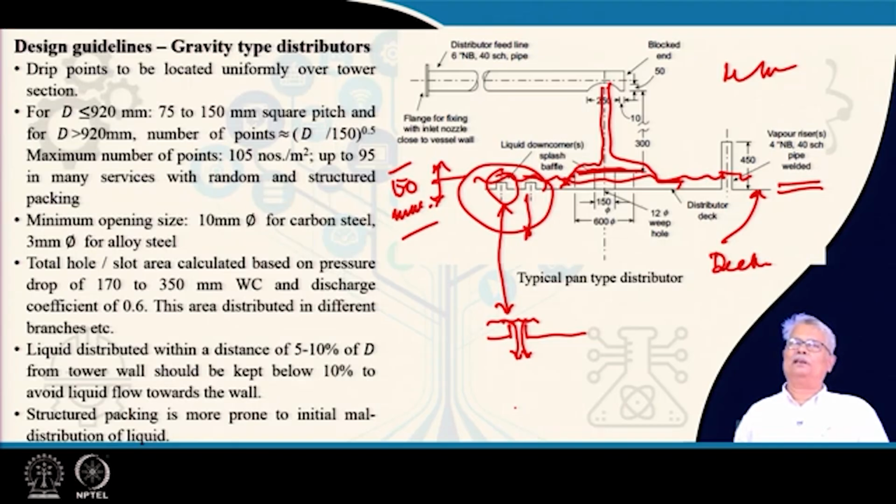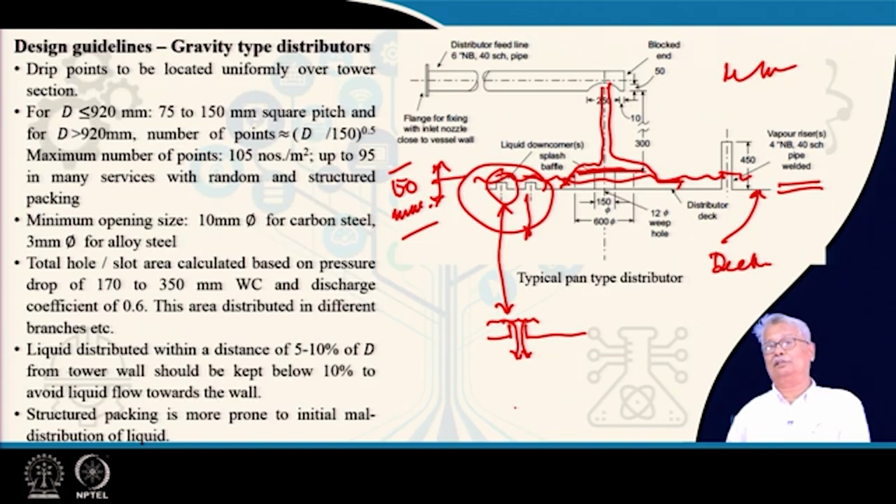The weep holes could be a good number. We have talked about providing weep holes on the decks earlier also in one of our tower internal classes. Based on that standard, you can provide weep holes of 3 to 5 millimeter size, typically 3 millimeters. How many to provide, you can find out based on the weeping time that you decide for here.